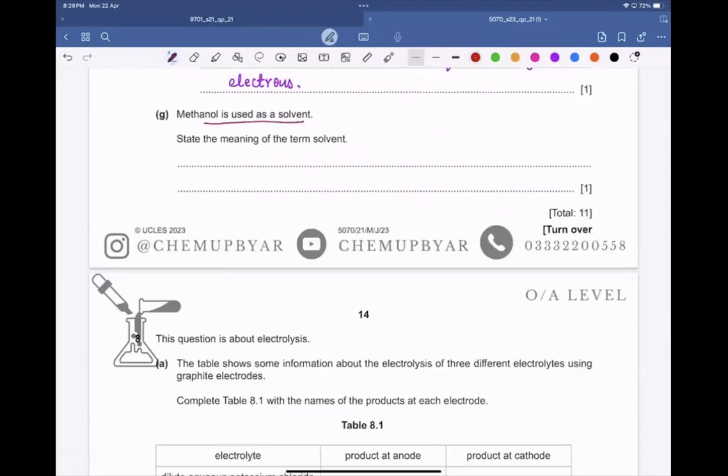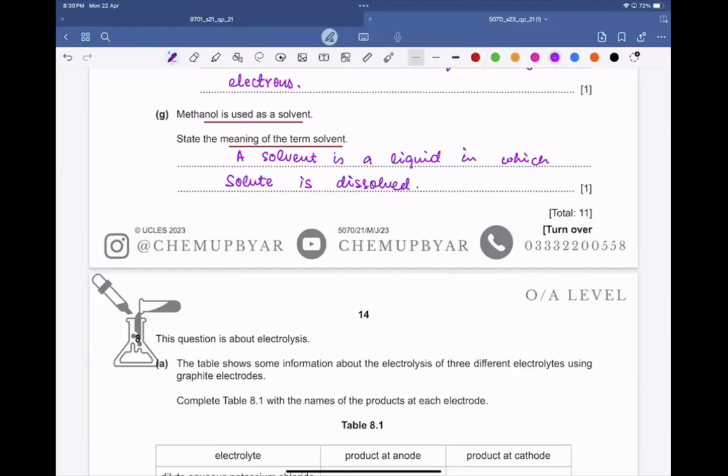Next. Methanol is used as a solvent. State the meaning of the term solvent. Very good, Ahmed Mujtaba. We can write a solvent is a substance or a liquid in which a solute is dissolved.